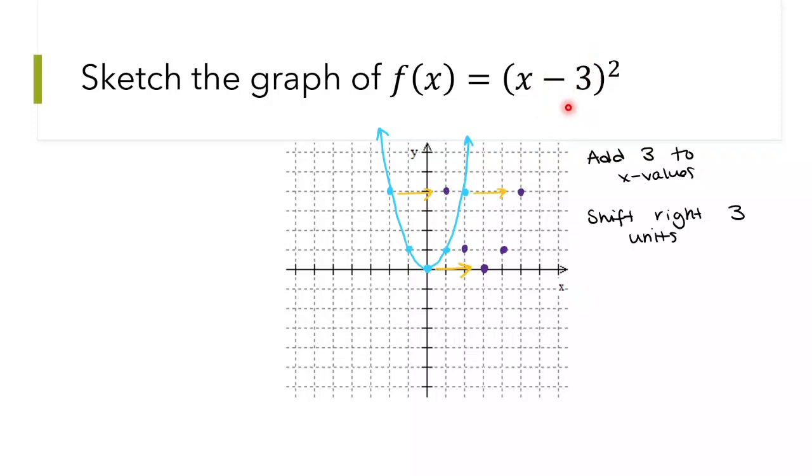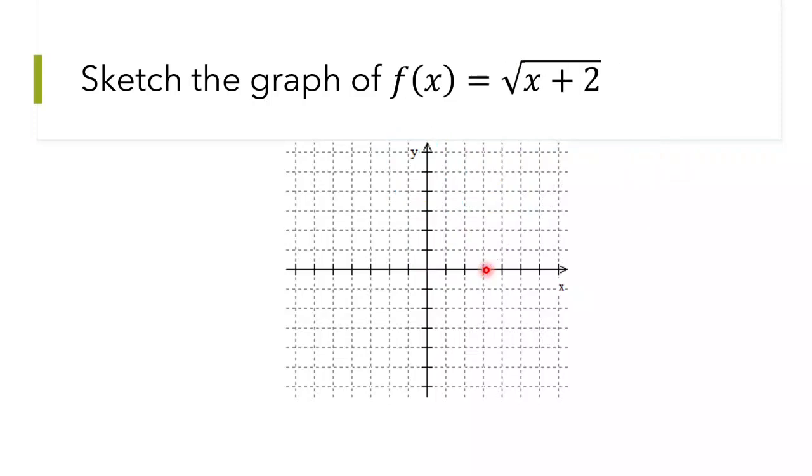We're going to be doing the opposite of what it says. It says minus 3, so I'm actually going to add 3 to all of my x values. And what this is actually going to do is take the graph and shift it to the right 3 units. So that point that was at the origin, if I add 3 to the x value, that moves that to the point (3, 0). And the entire graph, entire shape, gets shifted to the right 3 units.